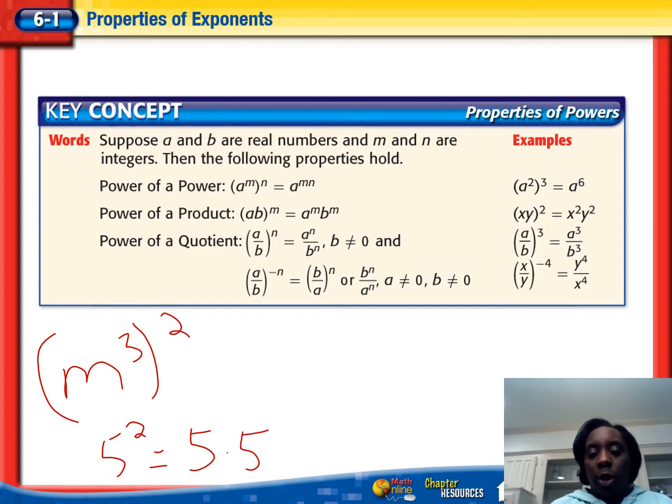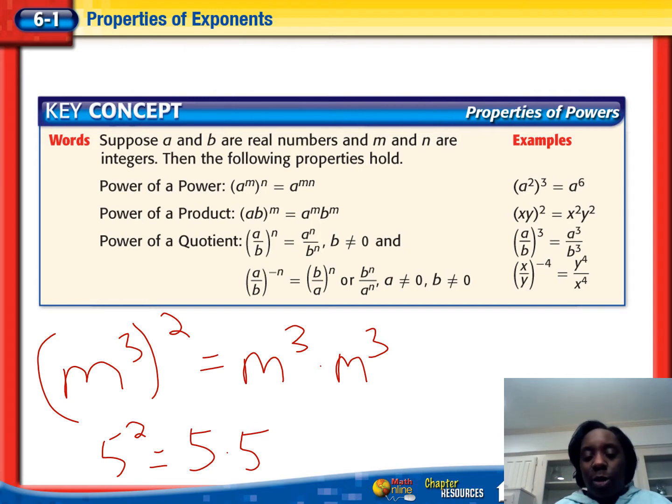Well, m to the third, when we say raised to the second, wouldn't that be the same as saying m to the third times m to the third? Do y'all agree? Well, how many m's am I multiplying? I am multiplying m to the 6.